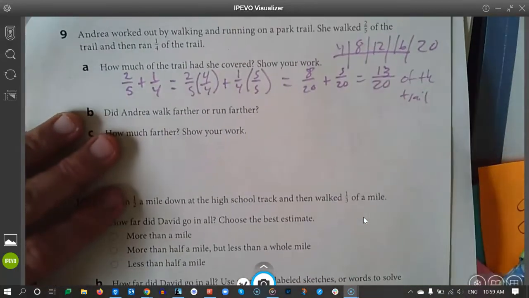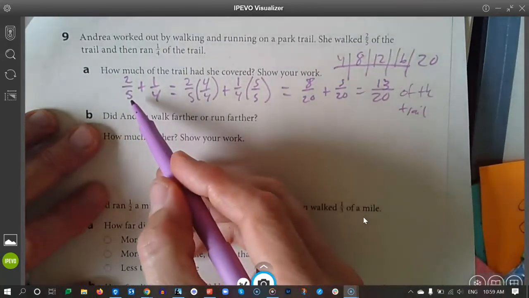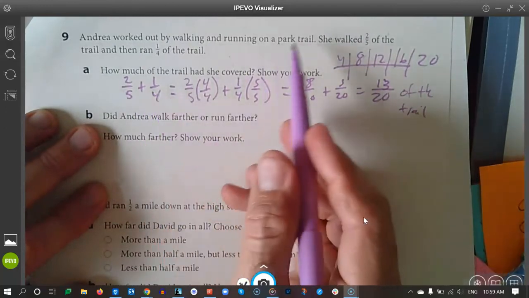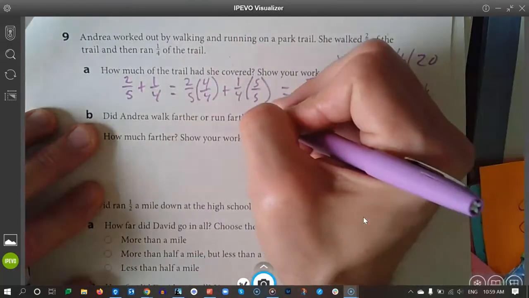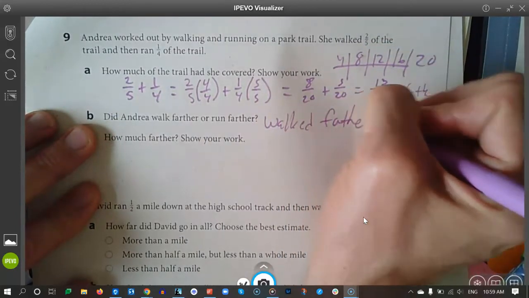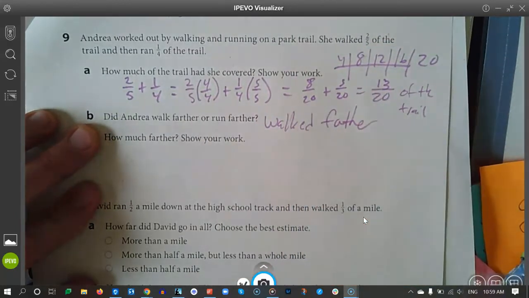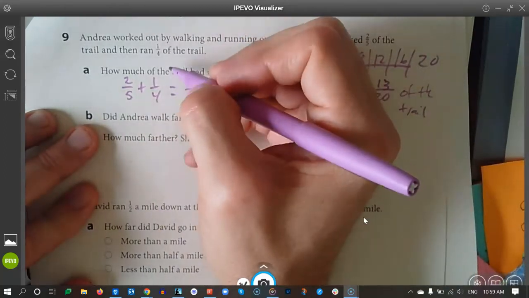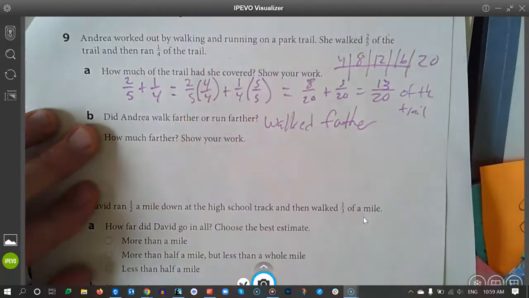Okay, did Andrea walk farther or run farther? Well, 2/5 is more than 1/4, so she walked farther. Is 2/5 more? Yeah. Right?